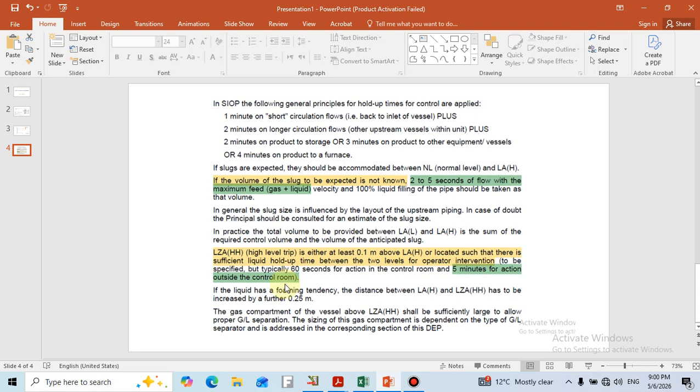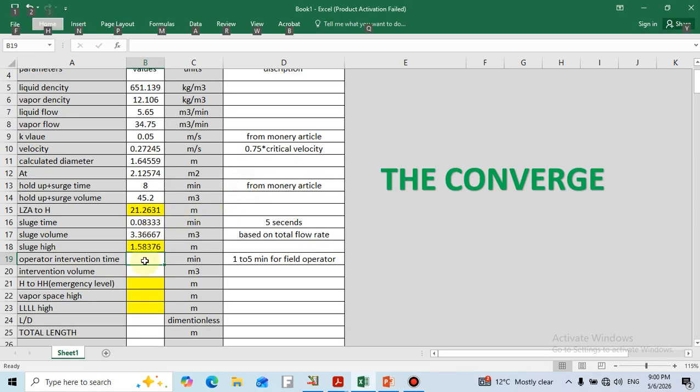For the field operator on the site, you can consider between 1 and 5 minutes. I will choose 5 minutes, which is the worst case scenario in this case, as the operator response to prevent overfilling of our vessel.